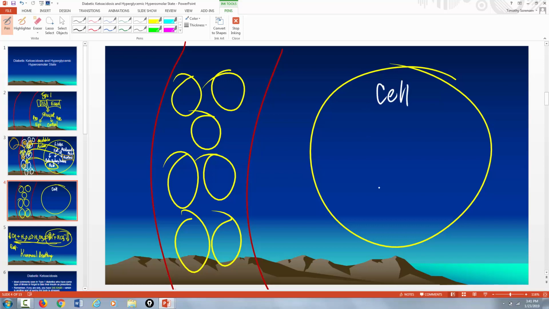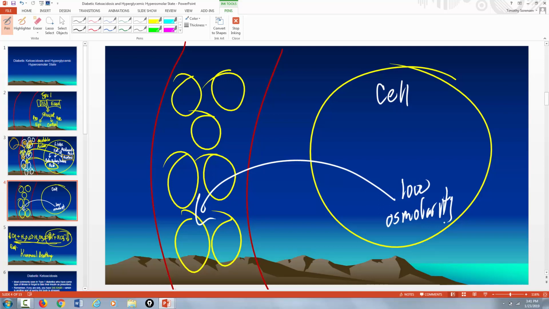So water always moves from low osmolarity to high, right? Low osmolarity to high through a selectively permeable membrane, let's not forget. And that's going to draw all of the water out of the cells. And this is happening everywhere, right? So all the cells are having their water sucked out of them by that high blood sugar.